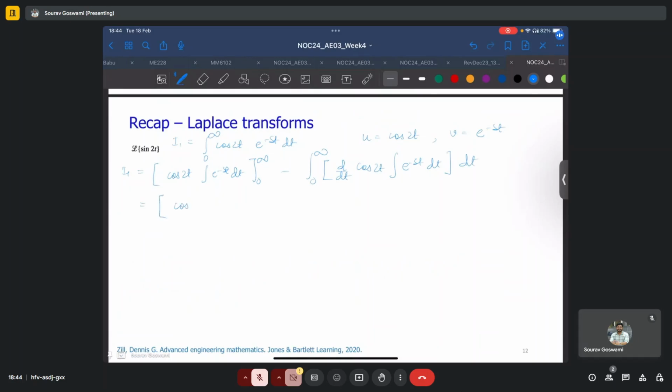This becomes cos 2t and e power minus st by minus s evaluated between 0 and infinity, minus the integral 0 to infinity; d/dt of cos 2t is minus 2 sin 2t, and this integral is again e power minus st by minus s dt. Now again, let us try to evaluate this first term.